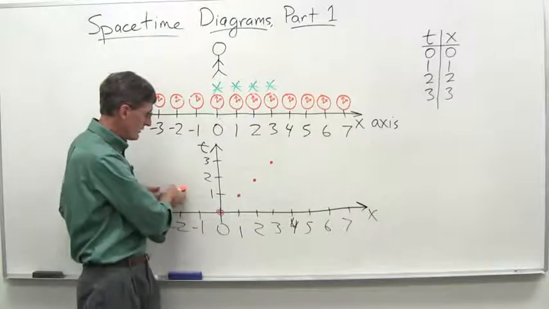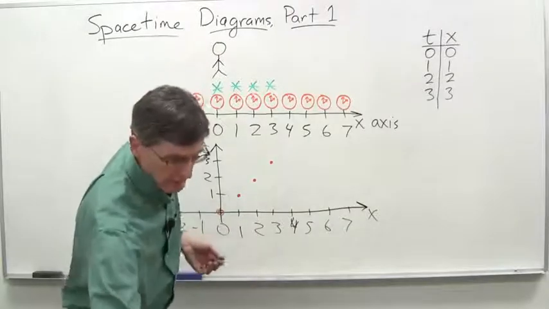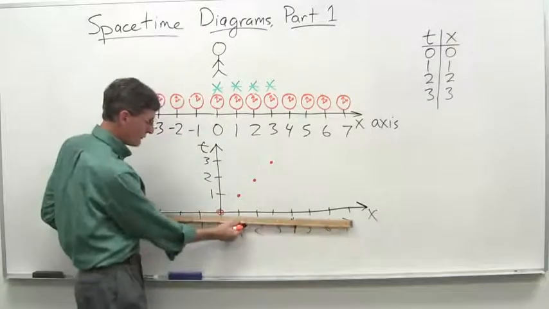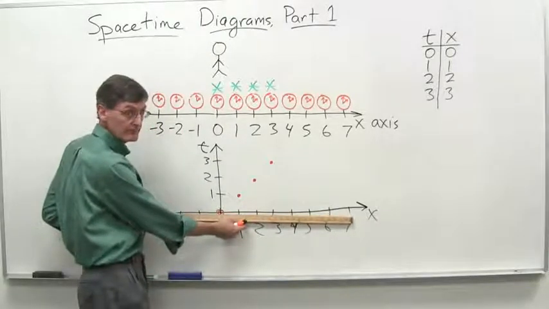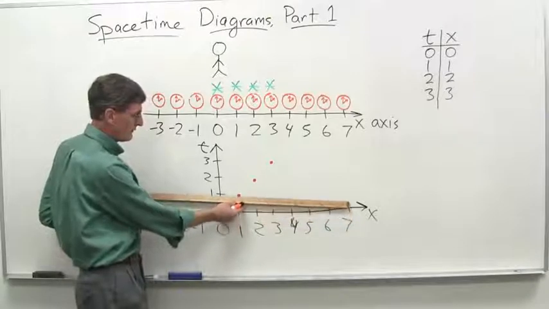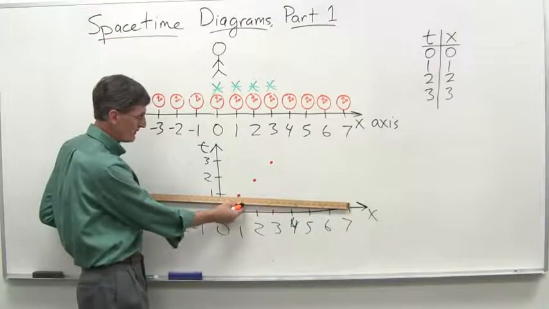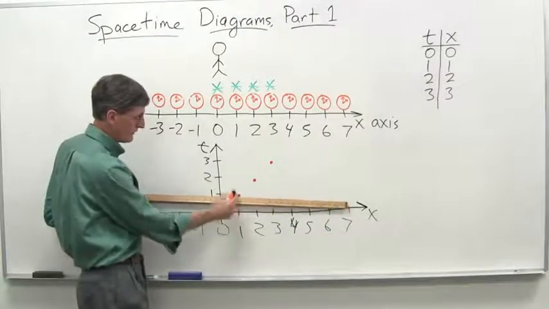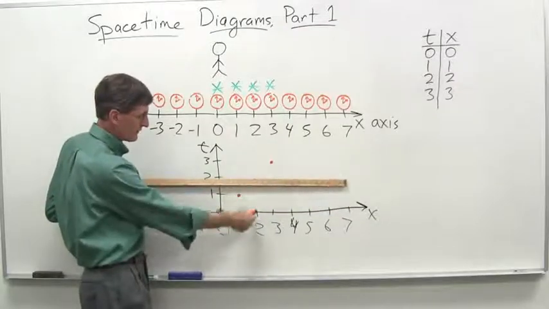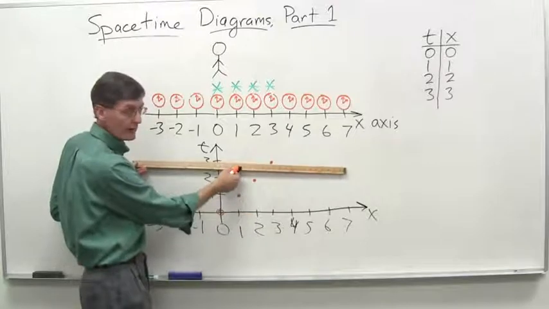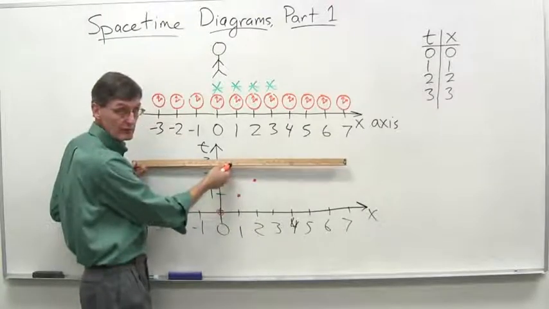So at time t equals 0, if we could take a photograph along the whole axis, that's what it'd see. And then a little bit later, at time t equals 1, it'd see a flash at x equals 1, right there. And then a little bit later in time, you'd see a flash at x equals 2. And a little bit later in time, you'd see that flash at x equals 3.